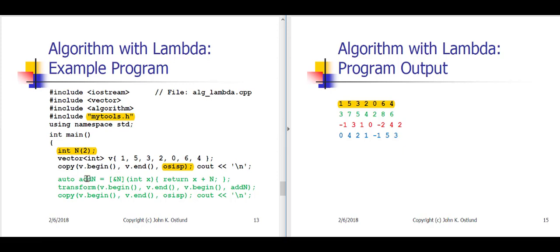Now, in the green code here, I've specified the definition of a lambda expression, and I've got the name addN for that lambda expression.